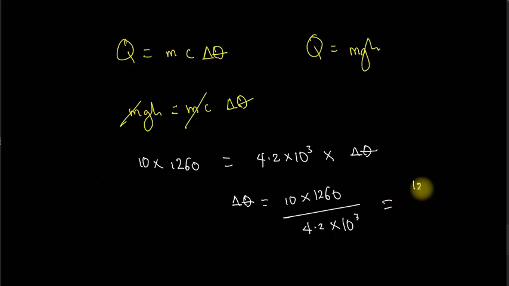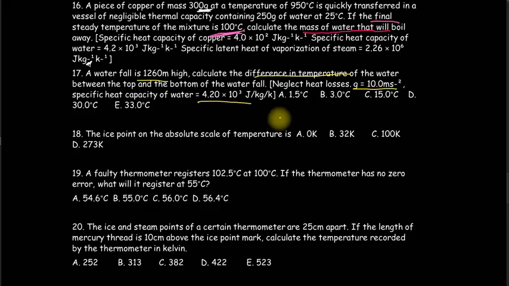You can just say 1260 over 4200. That will give us our answer. So the answer is 3 degrees Celsius. And that's option B.